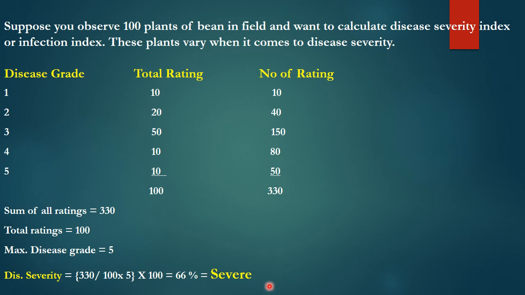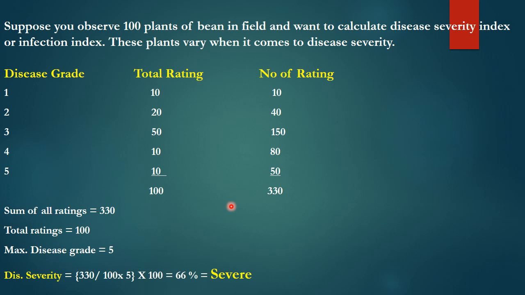So on this basis, you can recommend that measures must be taken to control this disease, and because the disease is present in the field, new research must be initiated so that the future crop remains safe from the pathogen.